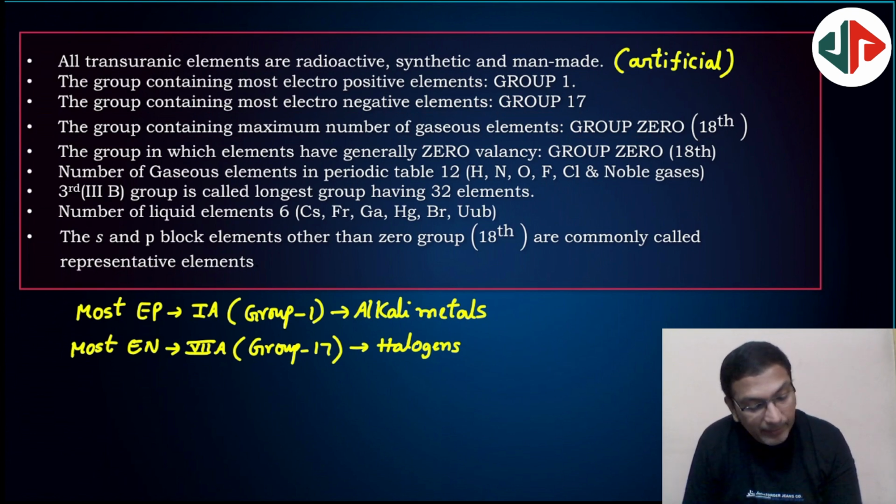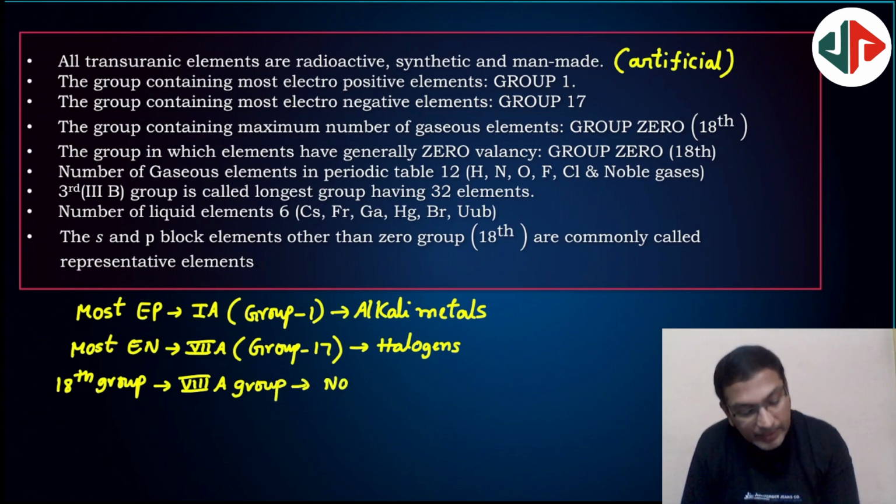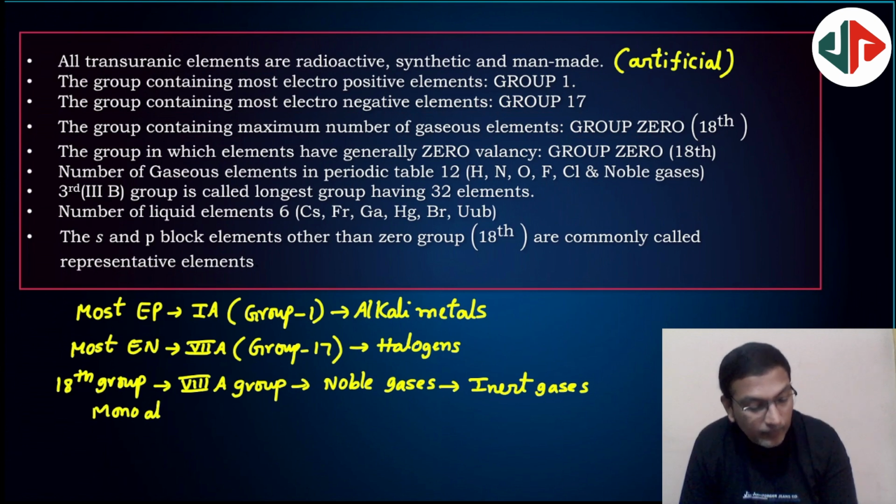Other names for group 18: the eighteenth group is also known as 8A group, noble gases, inert gases, monoatomic gases, 0 group, or aerogens.